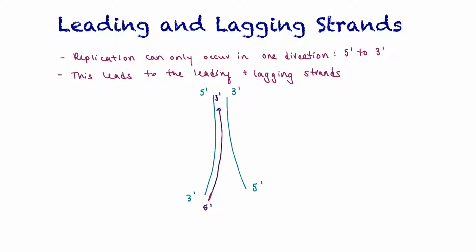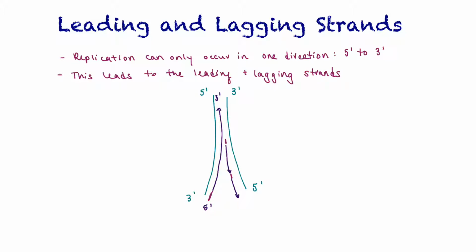Now the other one, it unwinds a little bit. We can add a primer, and then we can build with DNA polymerase. When the strand unwinds a little bit more, you can add another primer, and then you fill it in with more DNA, and then that has to happen again and again throughout the whole stage of replication.